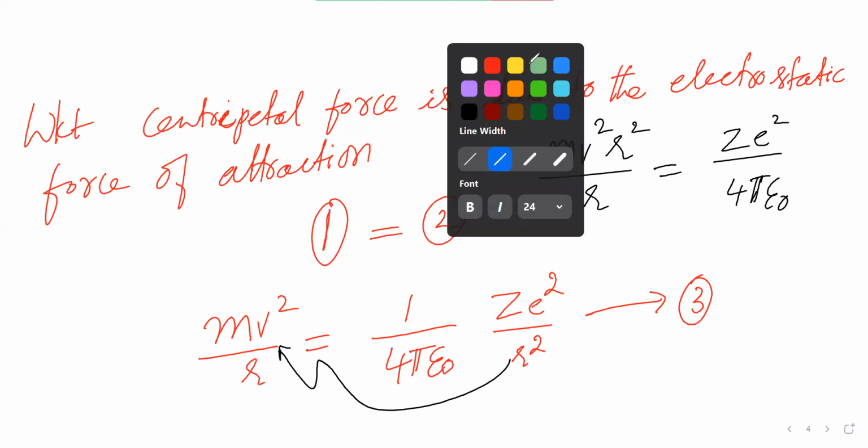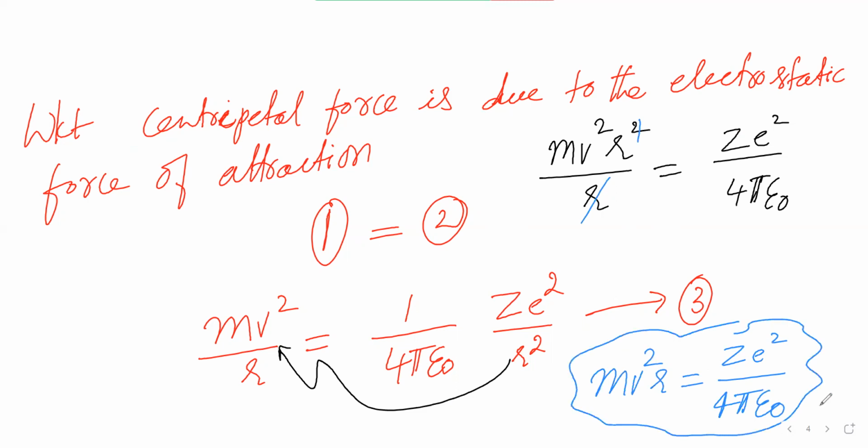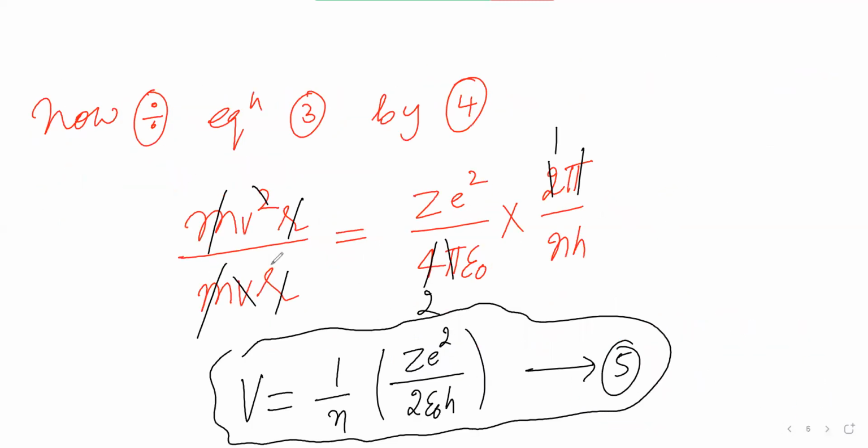Here r and r will get cancelled. So finally we are left with mv square r, which is equal to Ze square divided by 4 pi epsilon naught. The same expression we used in the division process.